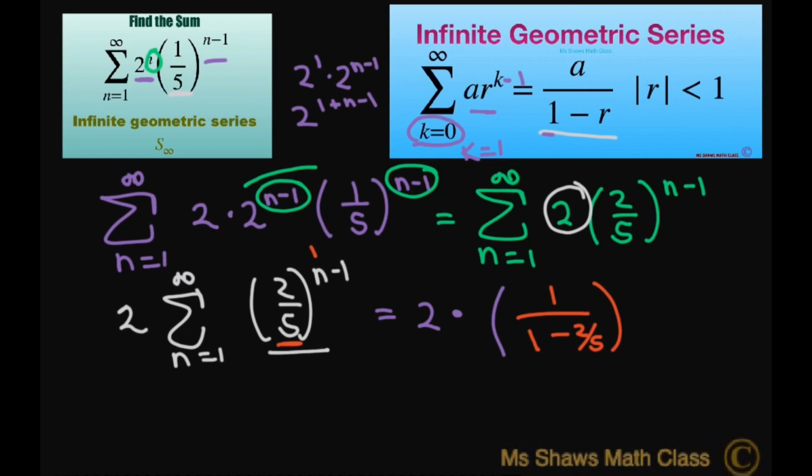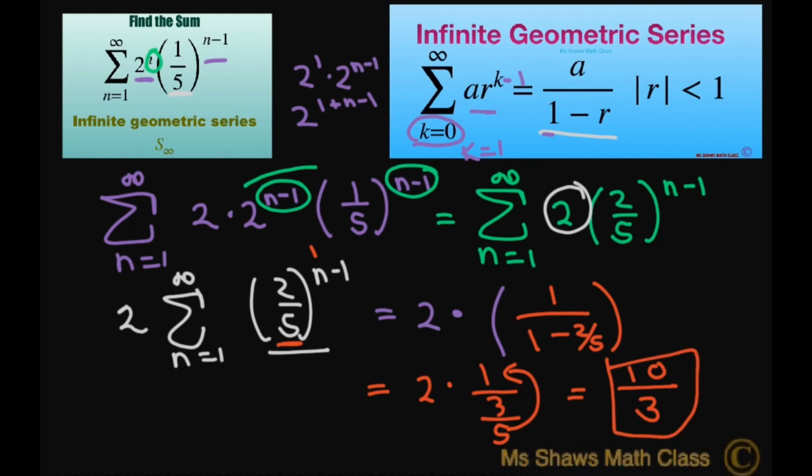All right. This is going to equal 2 times 1 divided by 3/5. Move this 5 up here. That's going to give you 2 times 5 is 10 divided by 3. All right. That's one way to do it.